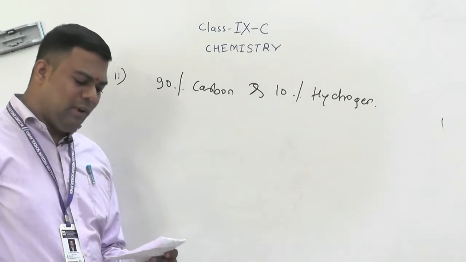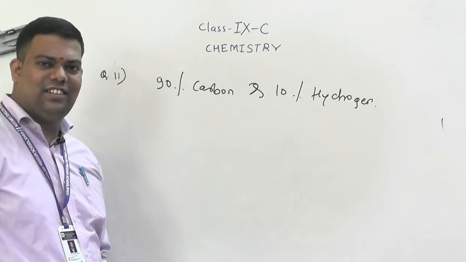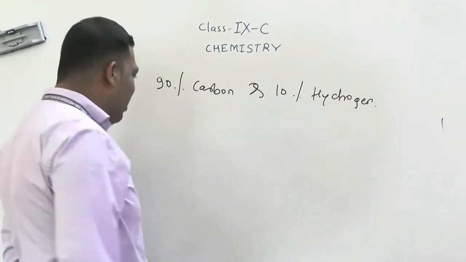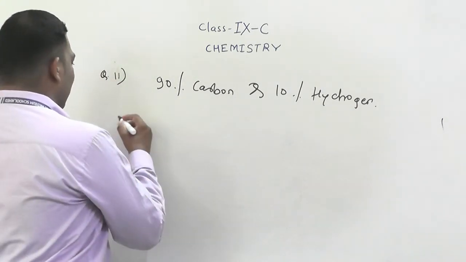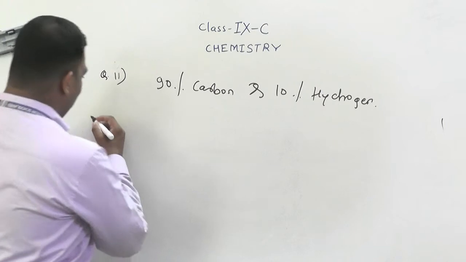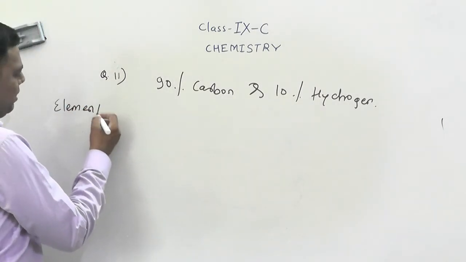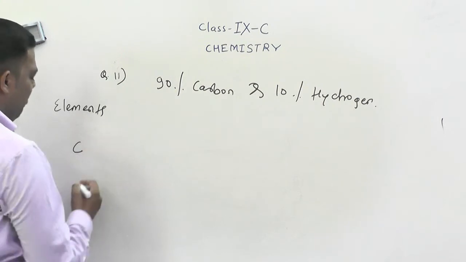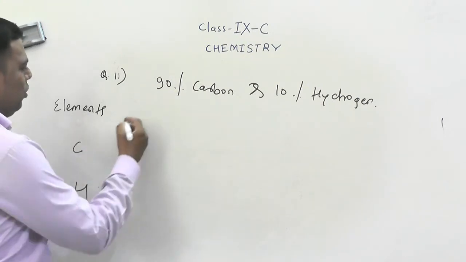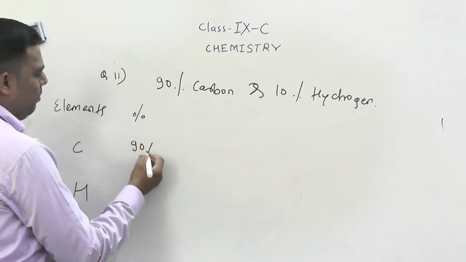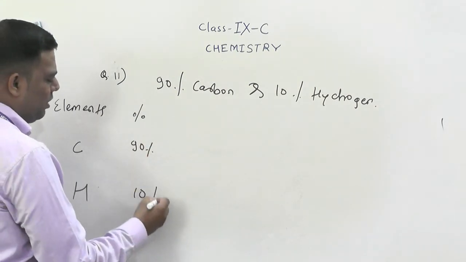The empirical formula of the compound is, so see here how we can calculate this. These are the elements, carbon and hydrogen. How much percent do they give? Carbon 90% by mass and hydrogen 10% by mass.